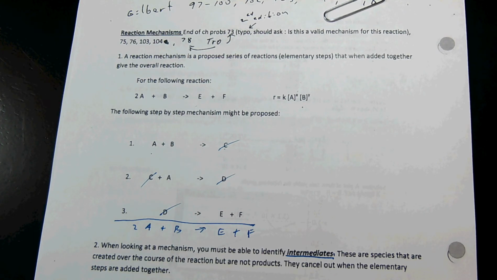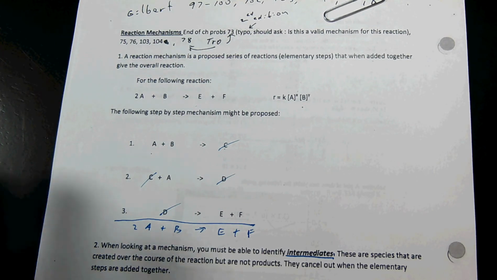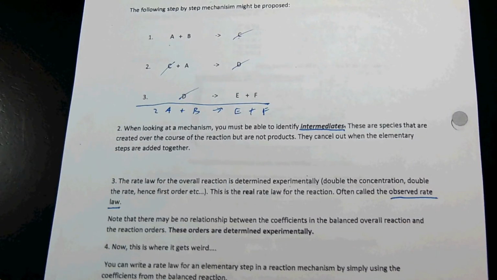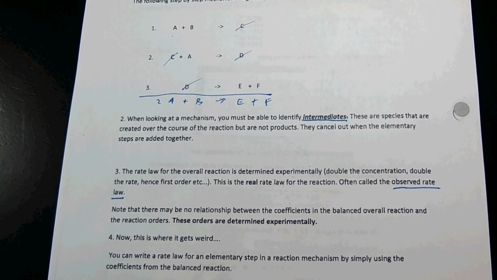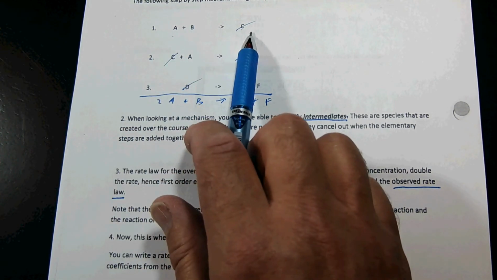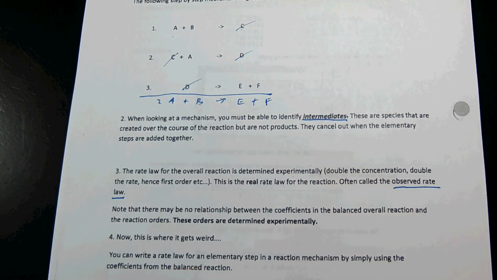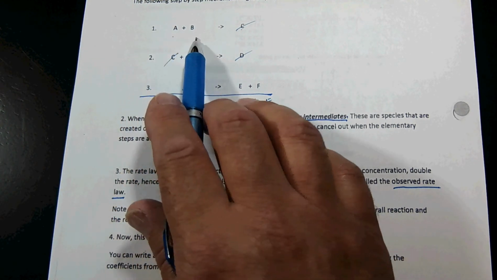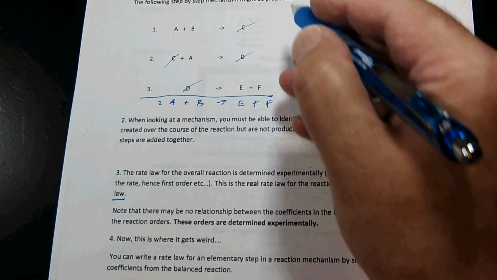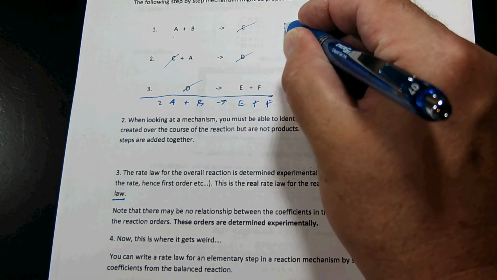And you get what's called the observed rate law. Now, the weird part is for an elementary step, it turns out the coefficient matches the reaction order in that species. So for this elementary step, because it's an elementary step, I can write the rate law for that elementary step.